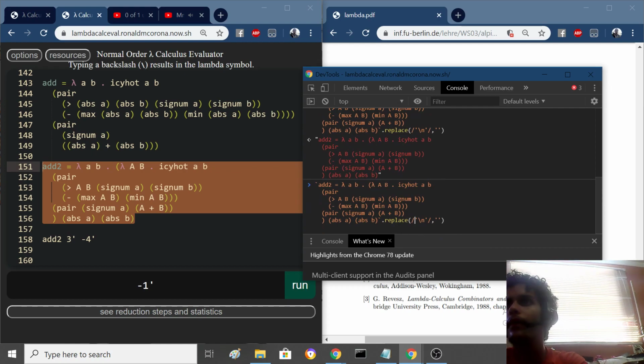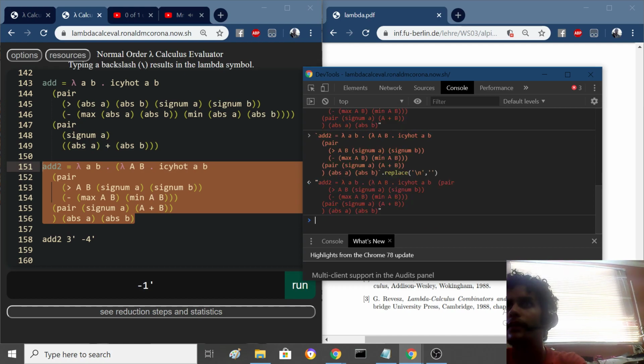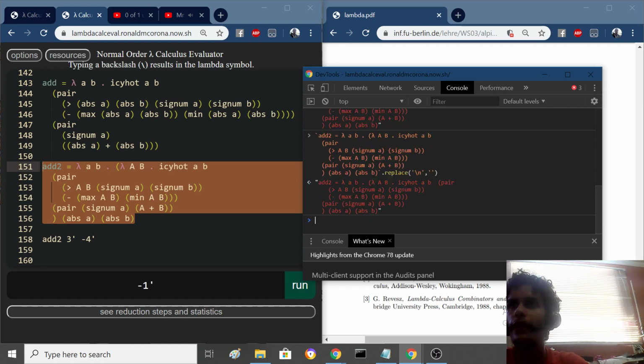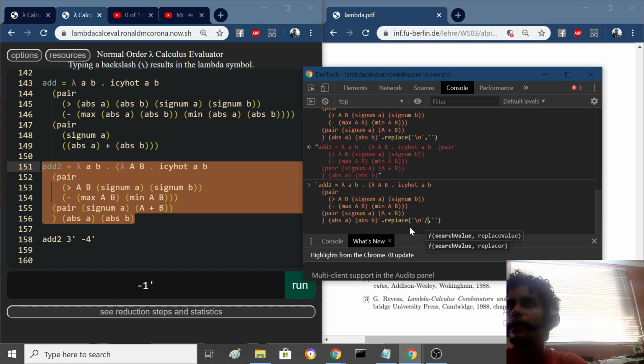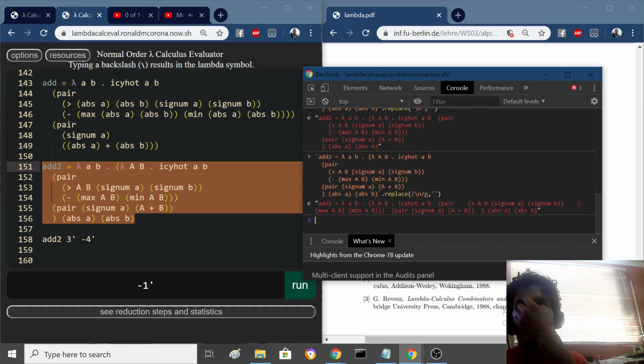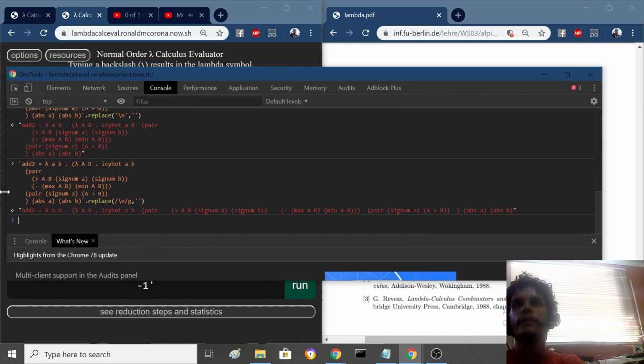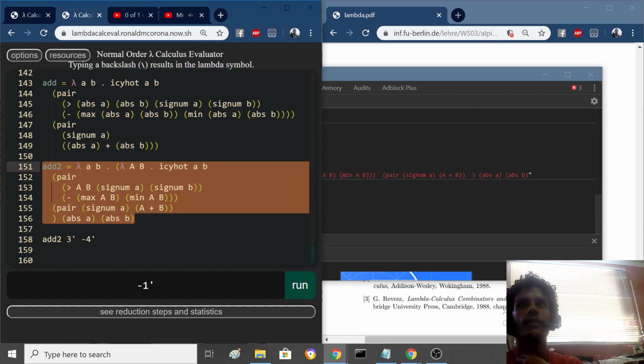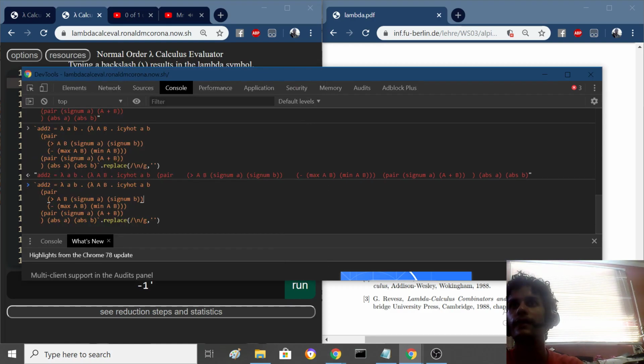Oh, maybe that should not be in a regular expression. Oh, I forgot to put the G flag. Okay, so now it is one line. And let's do that to the other one, which is just the regular old add.